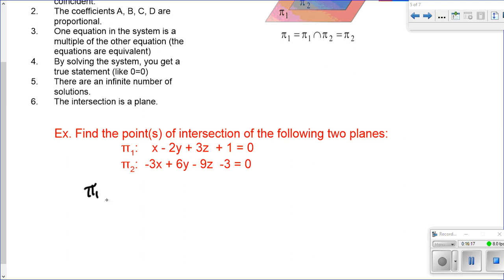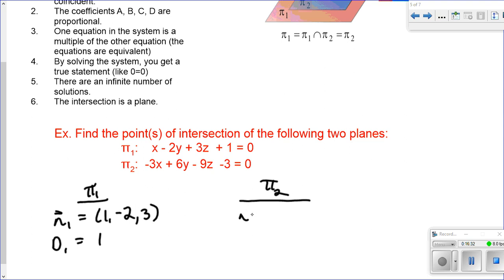For plane 1, I have a normal (1, -2, 3), and my D value is +1. For plane 2, I have a normal (-3, 6, -9), and my constant is -3.